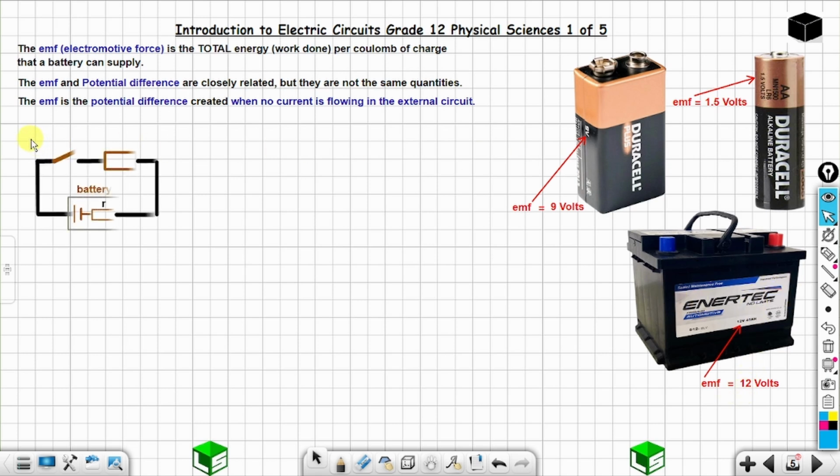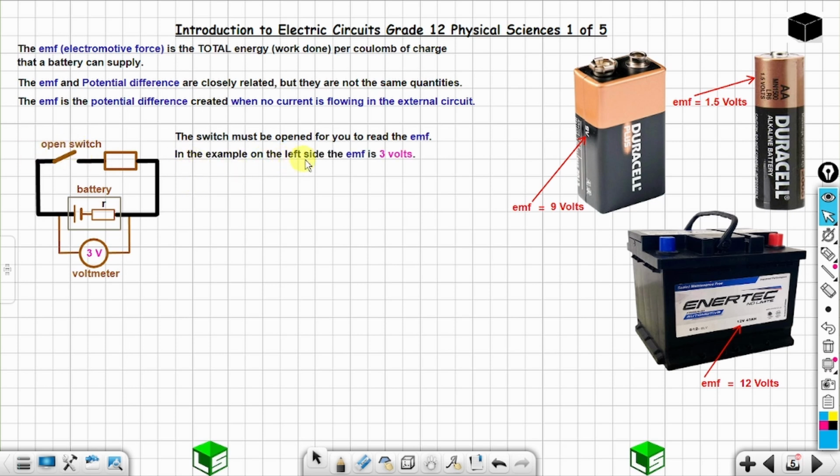We carry on. For you to have the EMF, the switch must be open. The switch must be open for you to read the EMF. So when the switch is open, with your voltmeter, let's say the voltmeter reads 3 volts. So in the example on the left side, the EMF is 3 volts when the switch is open.